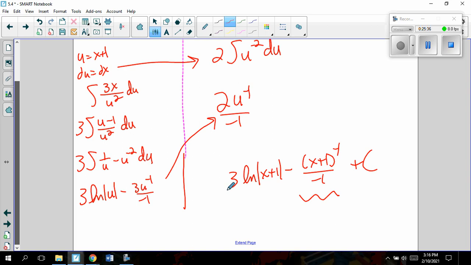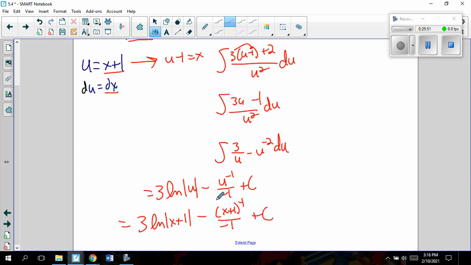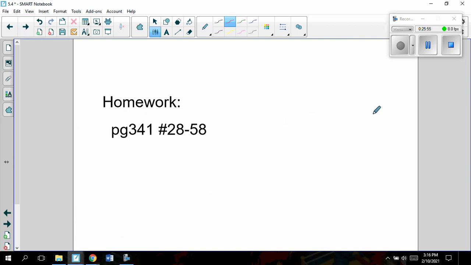So this is what was on the last one. That part got broken into 2 pieces because of the separating, I should say. And then you can put them back together. You could leave them as 2 separate ones, but that's how these 2 things are really the same thing at the end there. All right, this is a lot of information.